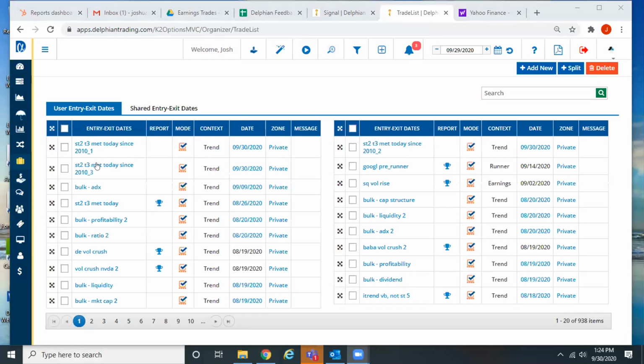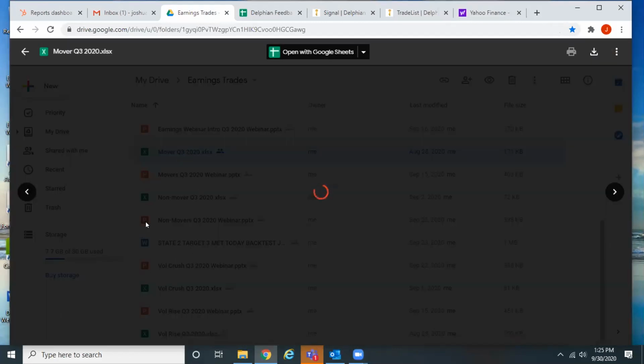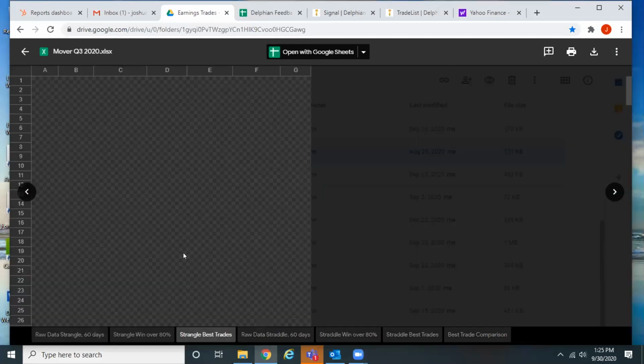There's 3,000 trades, so I'll go through and do that testing on them, and I'll send you the raw data, and then I'll whittle it down to the best trades.